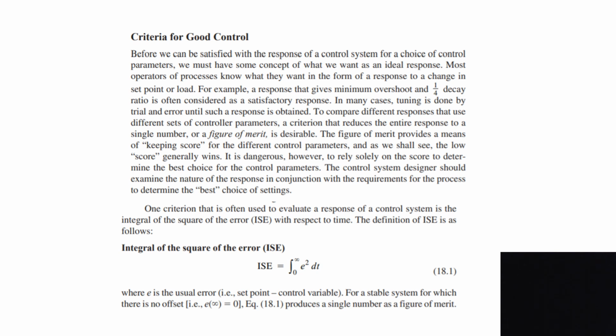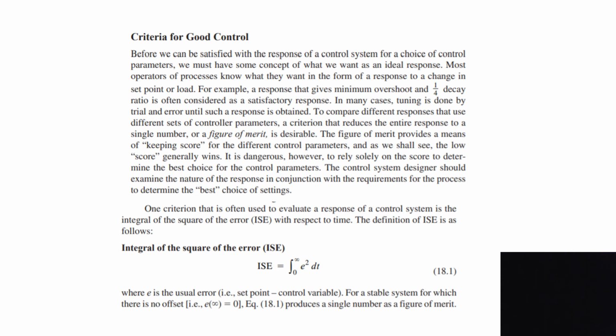Okay, so here the figure of merit provides a means of keeping score for different controller parameters, and a low score generally wins. However, it is dangerous to rely solely on the score to determine the best choice of controller settings. So you have three important criteria for choosing a good controller.